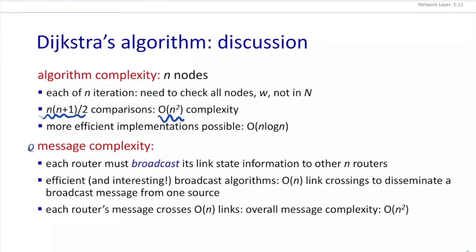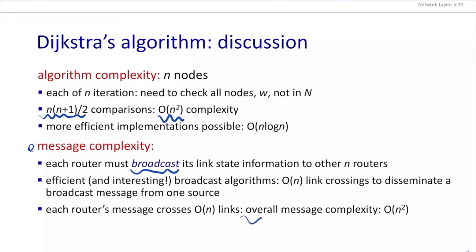The other thing is how many messages should be broadcast to the entire graph. As we mentioned before, it is a global routing algorithm, so all of the nodes should have all of the information about costs, edges, and nodes. So at least each router must broadcast its link state information to all the other n routers.